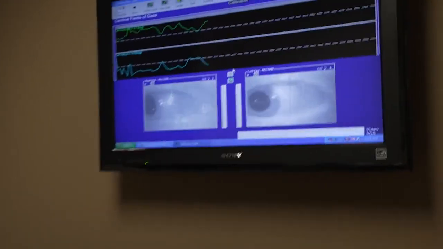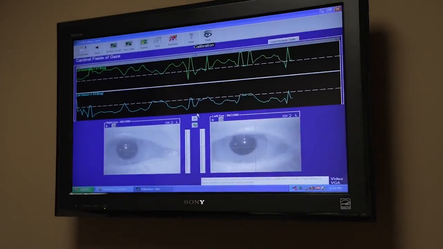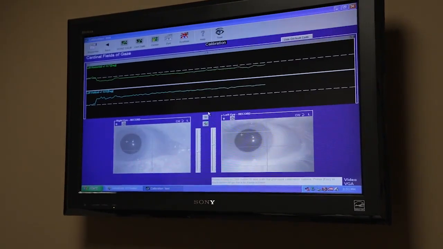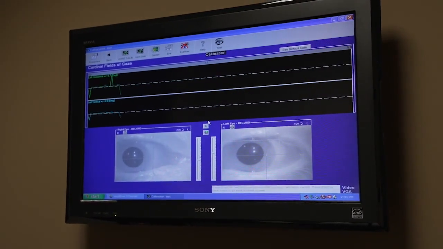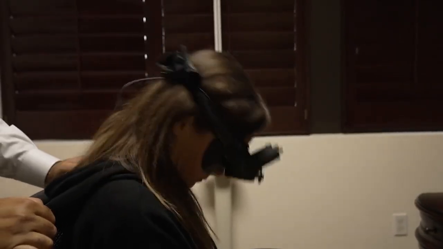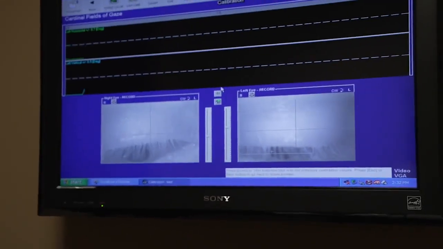3, 4, 5, 6, 7, 8, 9, 10. You have any dizziness at all? No. 3, 4, 5, 6, 7, 8, 9, 10.